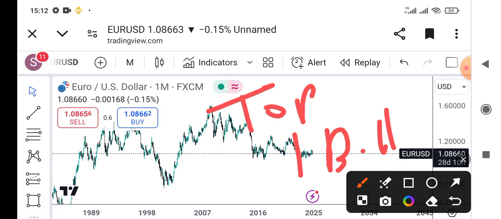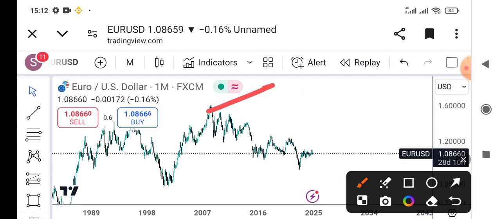That is how we usually do analysis. You start from higher time frame going to lower time frame. That one will depend on which kind of trade you are doing. If you are a scalper, then you can start from 1 day, 4-hour chart up to 15.